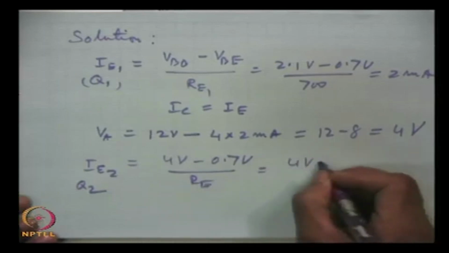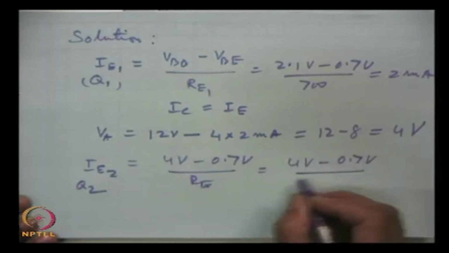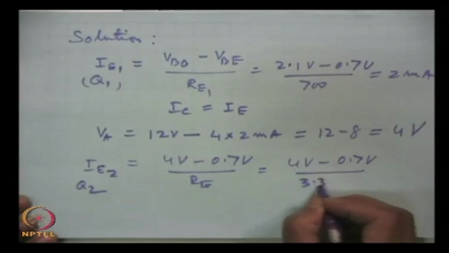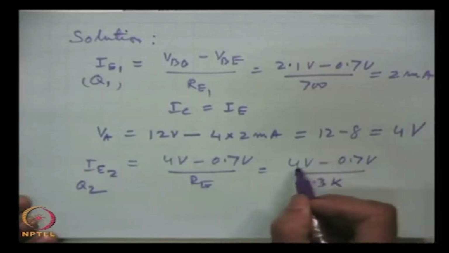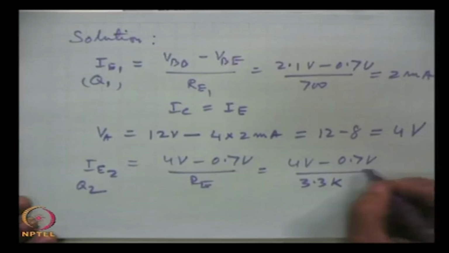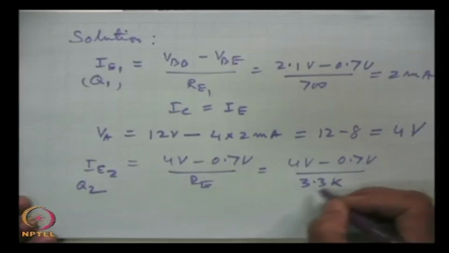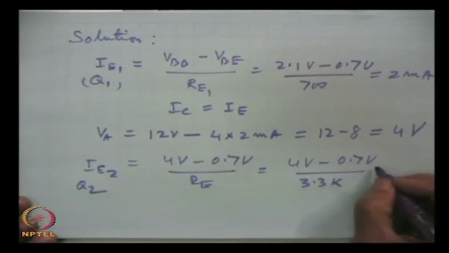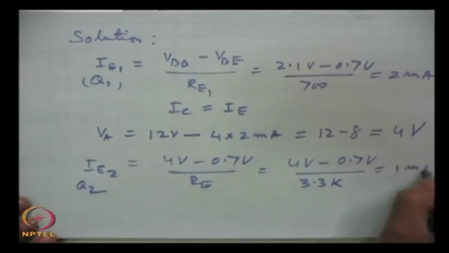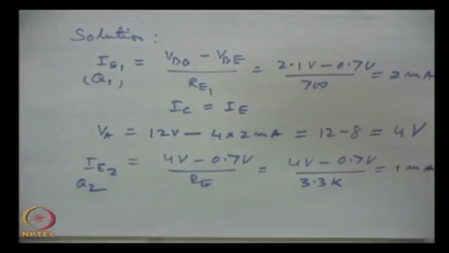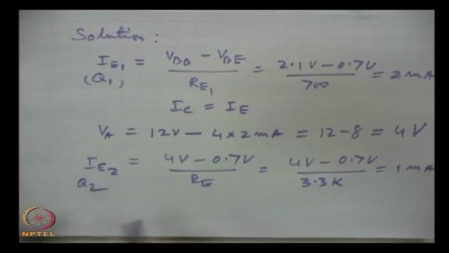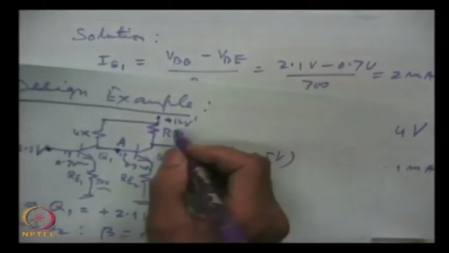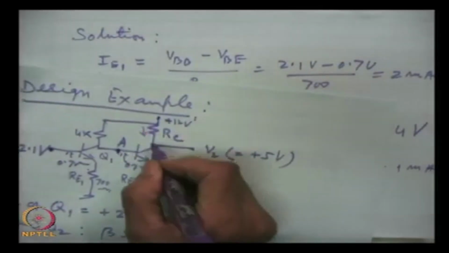RE is 3.3K, and the numerator is 3.3 volts. So 3.3 volts divided by 3.3K gives 1 milliampere. This is the same as IC2 here, and this current is flowing through this resistor.